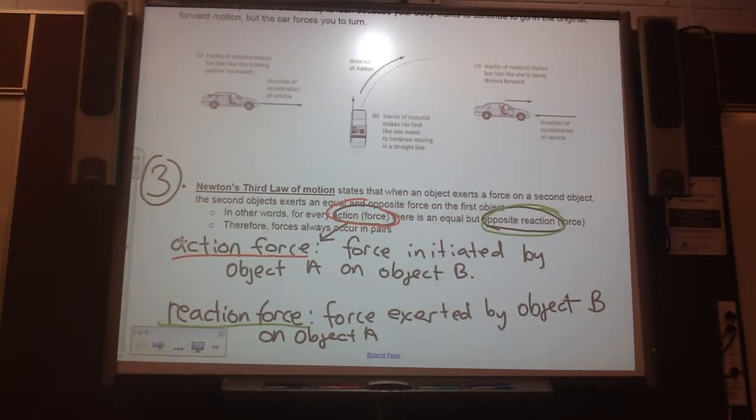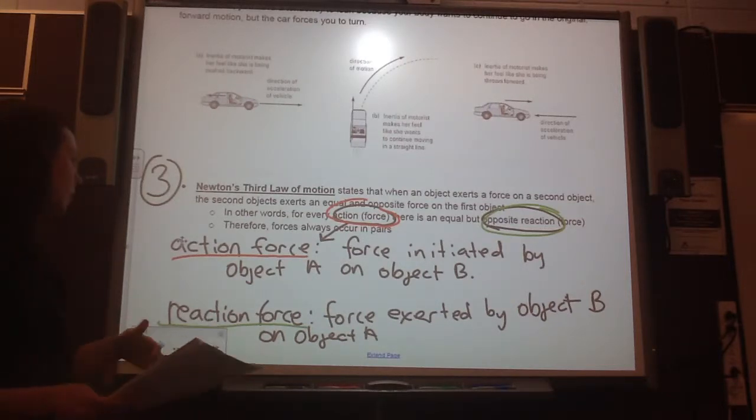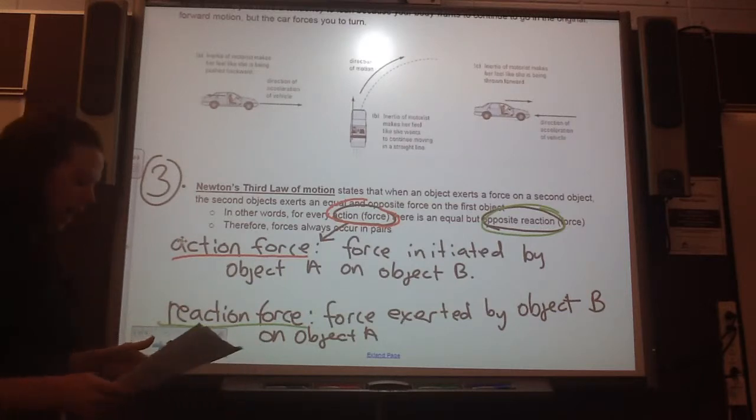So we always see these paired together. You can't have an action without a reaction. It doesn't exist. With every action there is a reaction.